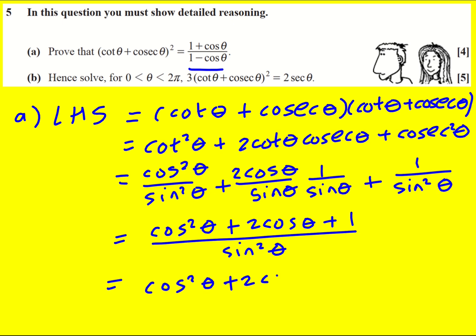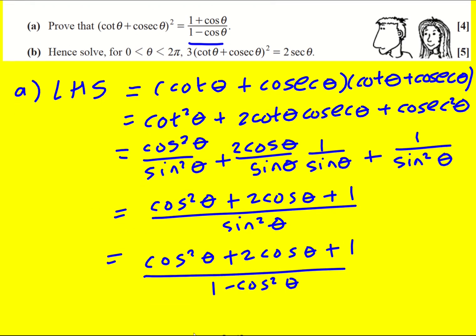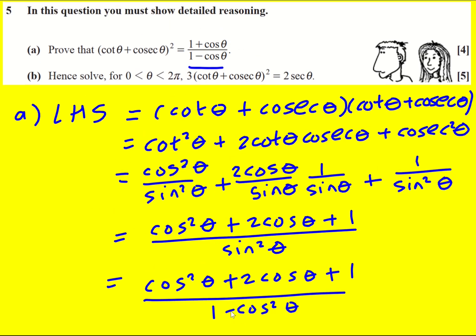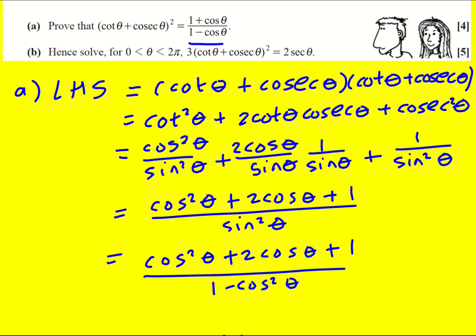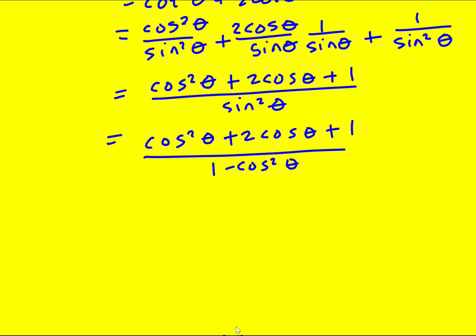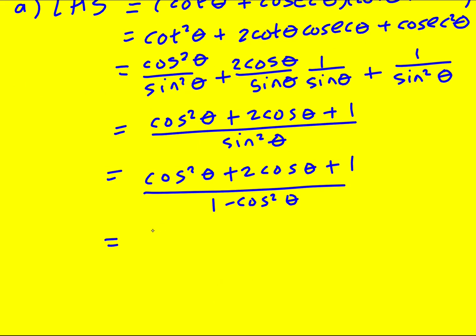And it's a case of thinking, how can we simplify this? And there's going to have to be some cancelling down for it to simplify. And in fact, we can factorize both the top and the bottom. So the top becomes cos theta plus 1 all squared.